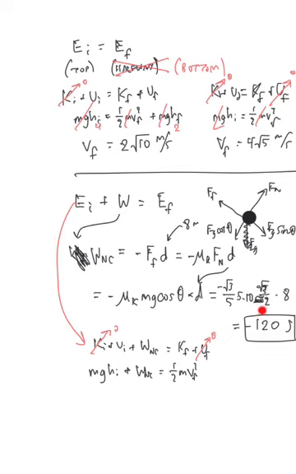But since I went ahead and solved for that, which already incorporates the m in it, I'm not going to be canceling out the m's. I'm just going to leave that as the negative 120. So rearrange the equation and calculate the speed of the box at the bottom of the ramp, and you should get a final speed of 4√2 meters per second.